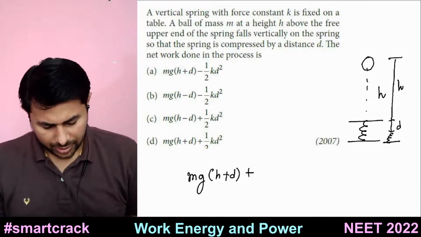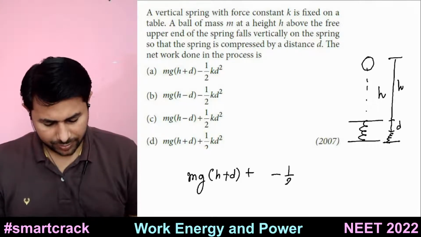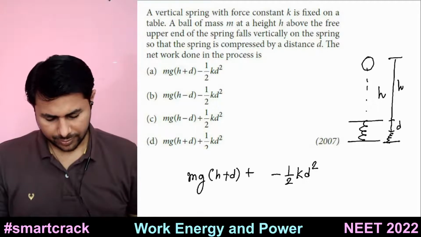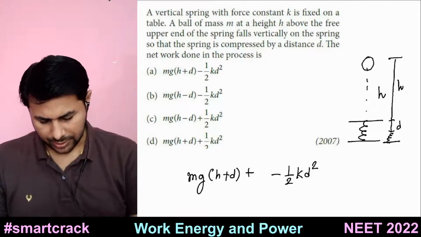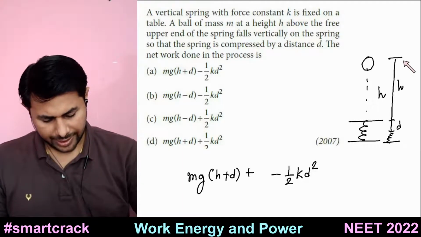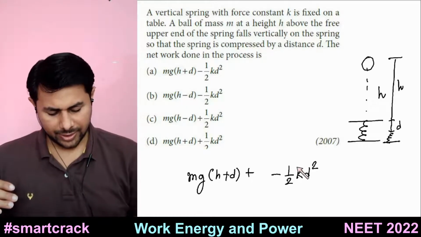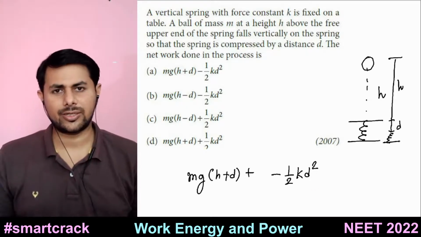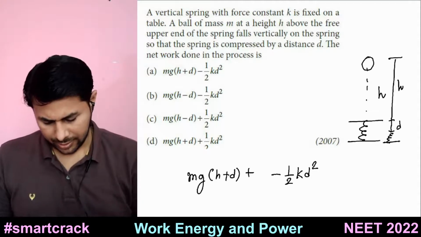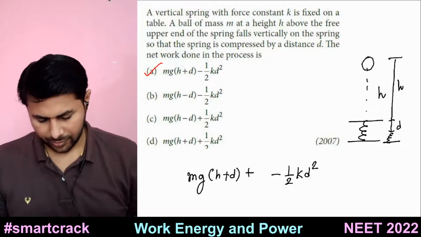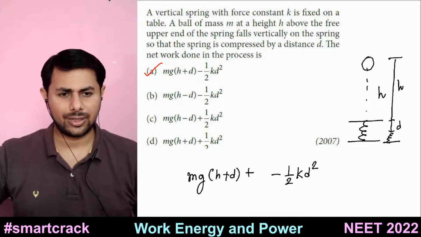So it is minus half k d square. So this should be the answer. It is mg(h plus d) is the work done by the gravitational force, and minus half k d square is the work done by the spring force. So it is option A. Alright, this should be the answer.